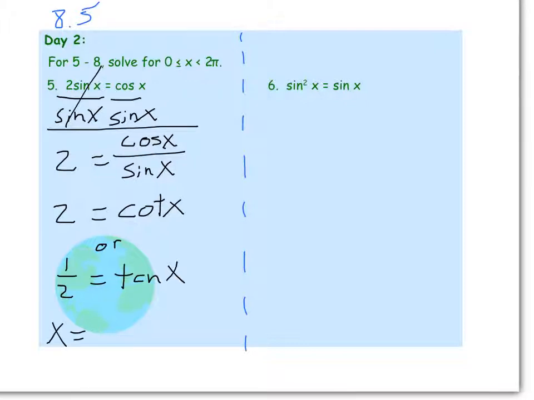And 1/2 is not a tangent value that we find on the unit circle, so I'm going to have to make sure my calculator is in radian mode, and go do an inverse. Inverse tangent of 0.5 is 0.46.